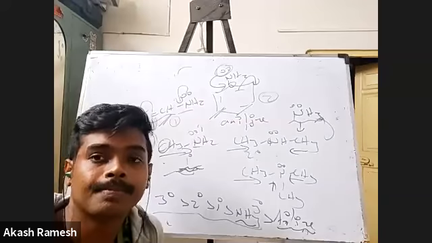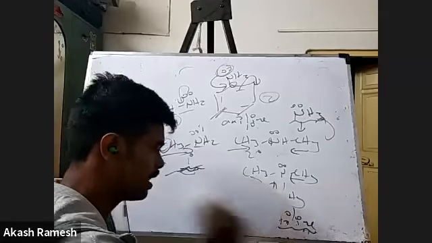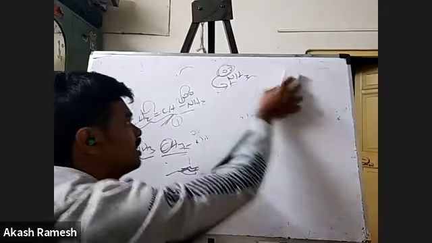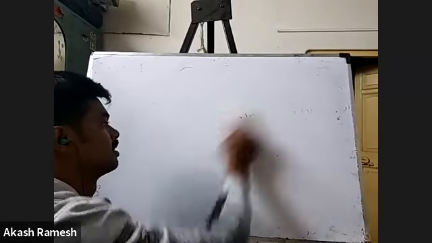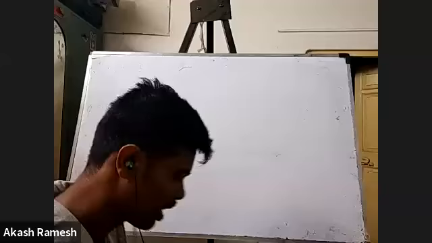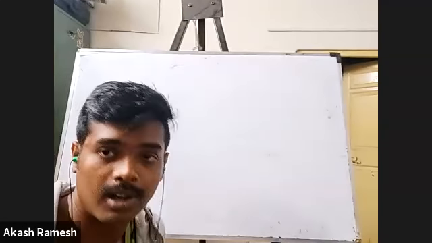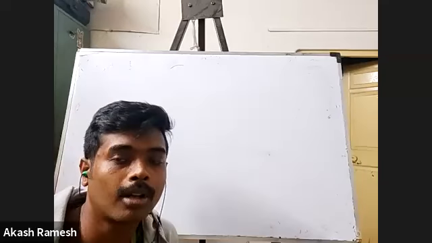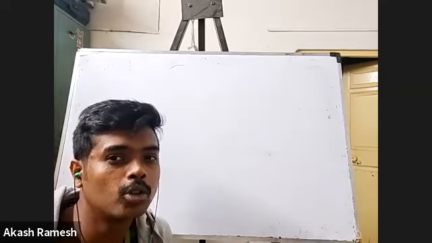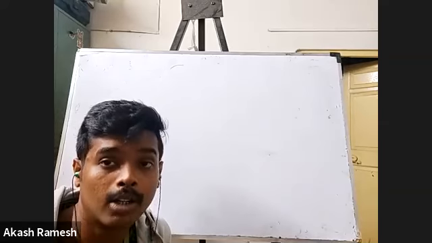Okay, shall we start? Are you guys there? Yes, sir. Okay, good. So we have completed a big chapter. So now we continue with organic. And guys, for your S block and P block, you have group 1, group 2, group 13, and group 14.